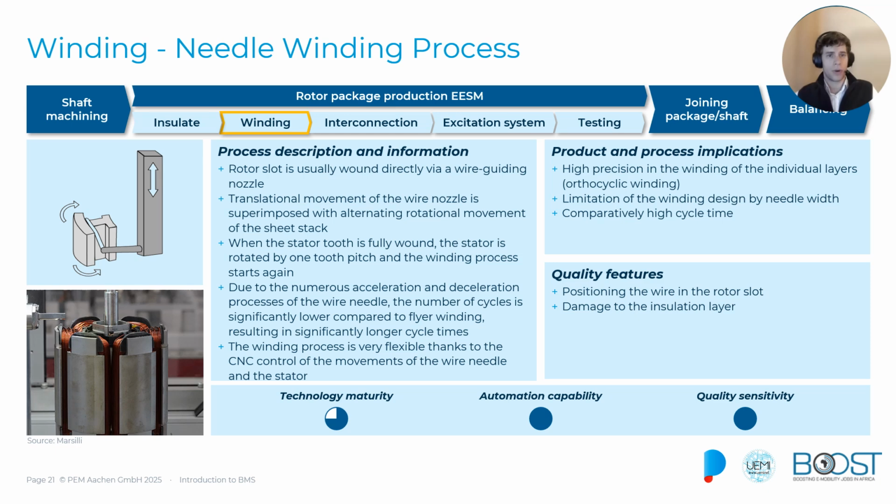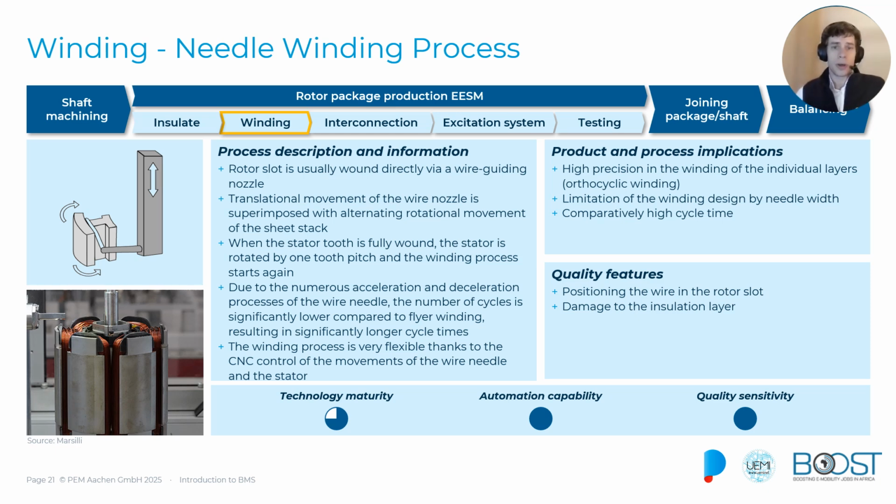Needle winding for an externally excited rotor involves using a needle-like tool to guide the wire through the rotor slots. The needle carries the wire and moves back and forth through each slot, precisely placing the wire to form coils.